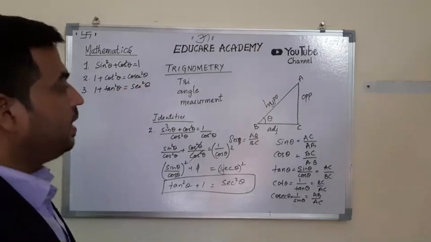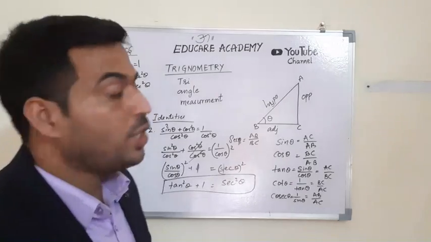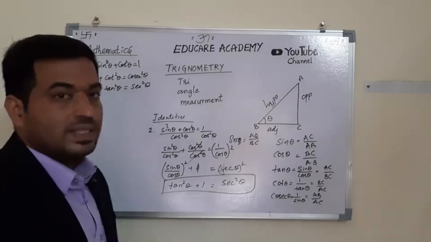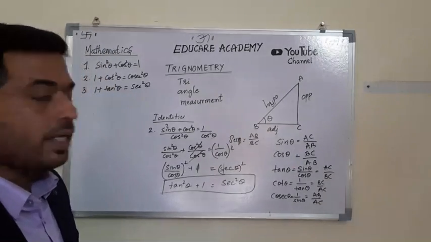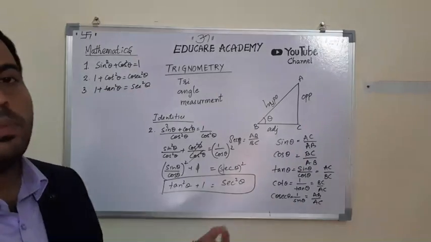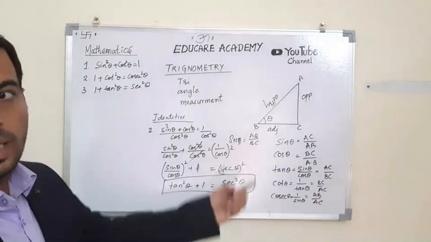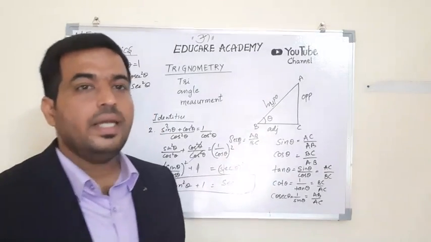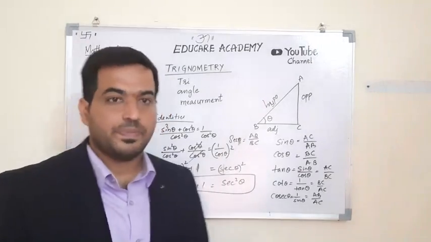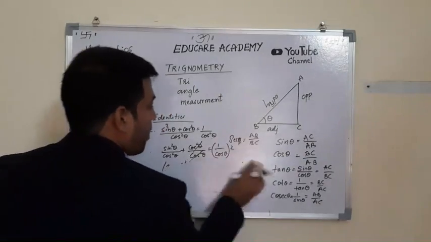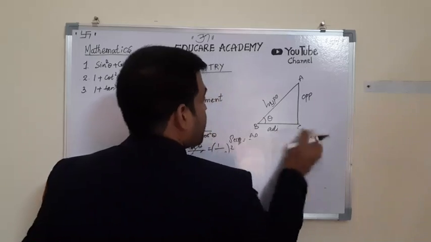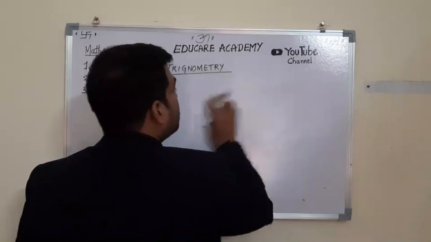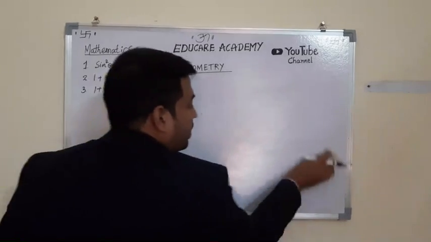So 3 identities and 6 trigonometric ratios we have done. Moving on to the values of sine, cos, tan, cot, cosec and secant. How to remember? Very easily. There are 6 ratios and the values for 0, 30, 45, 60 and 90. To remember this, we have a trick.